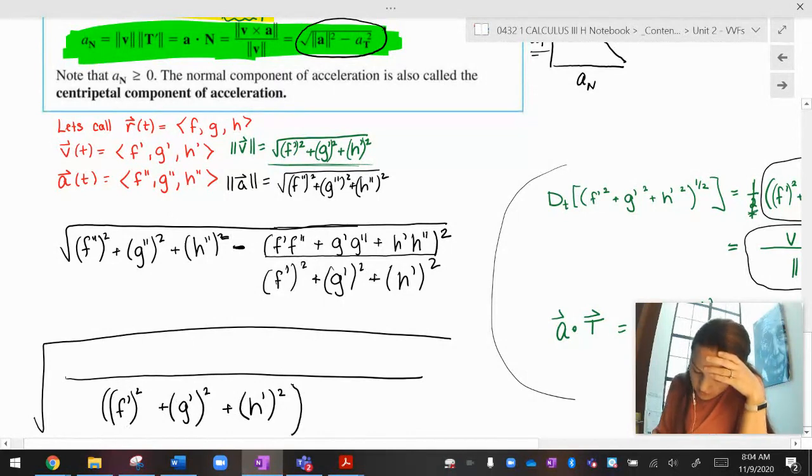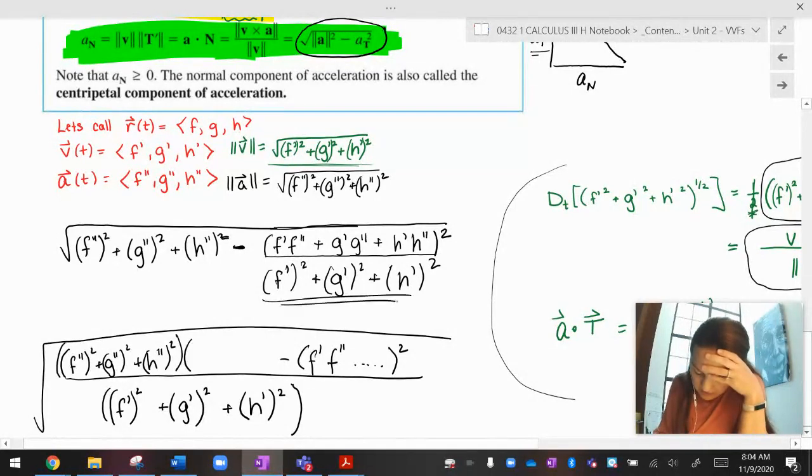Okay, and in my numerator, this would still be here. Oh, I put my primes backwards. Not that it matters, but so that's still here. And then up here, I have f double prime squared plus g double prime squared plus h double prime squared times the denominator that I needed to give it, which was f prime squared plus g prime squared plus h prime squared.